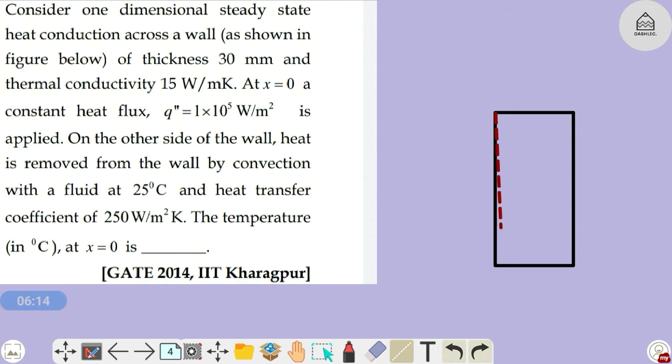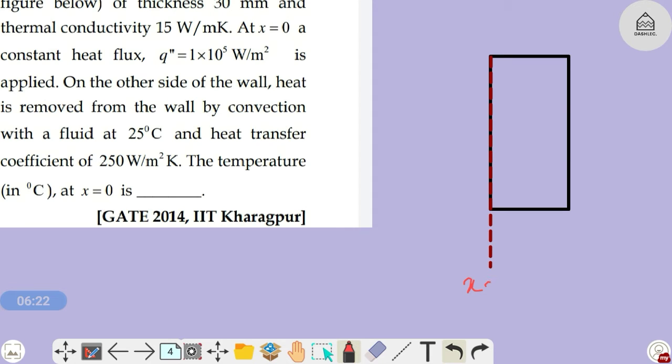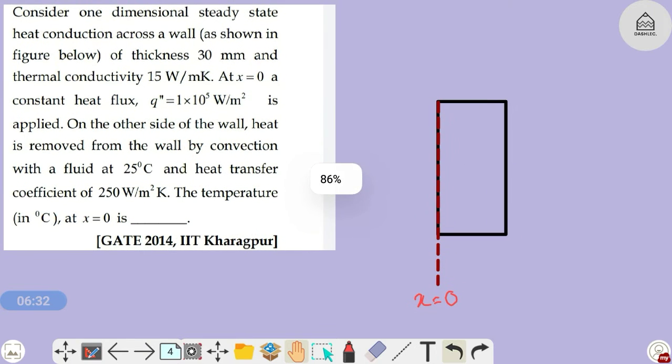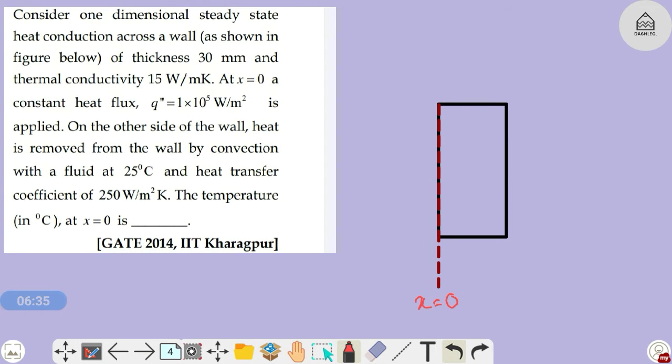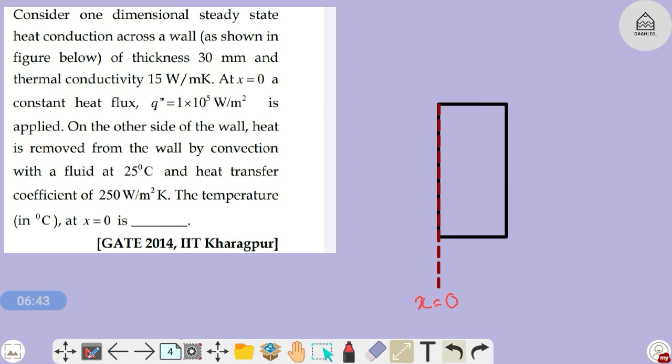This point is our x is equal to 0, and the thickness is given as 30 mm. This thickness is 30 mm.